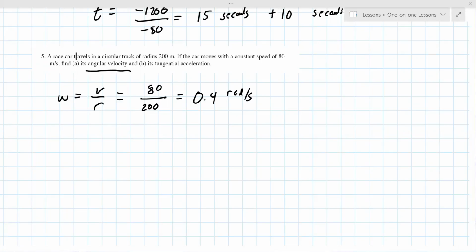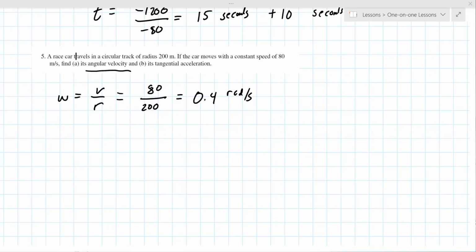Let me do another search here. I can check my slides and see if he has anything on tangential acceleration. Okay, so tangential acceleration is a tan equals change in V over change in T, equals R times change in W over change in T.